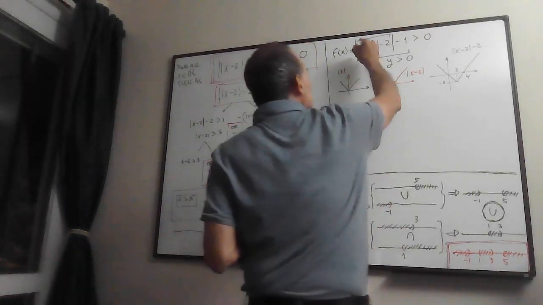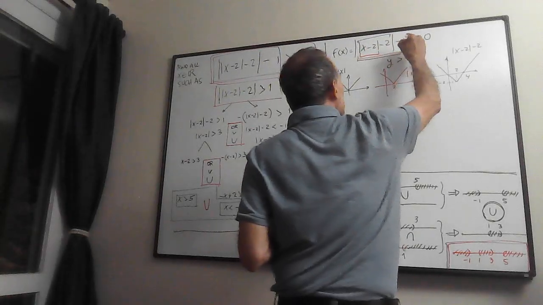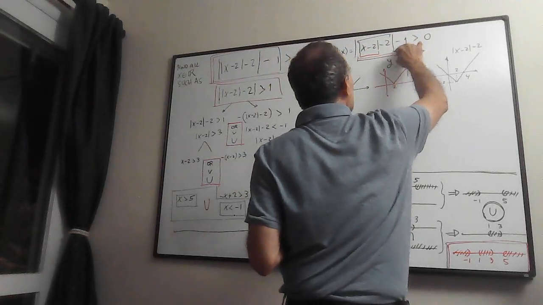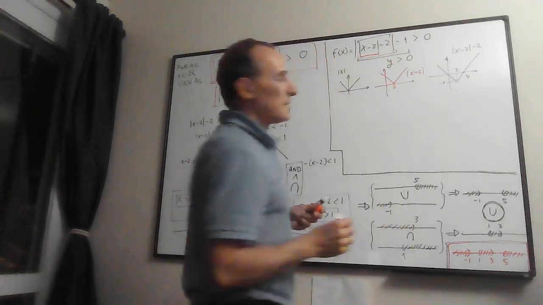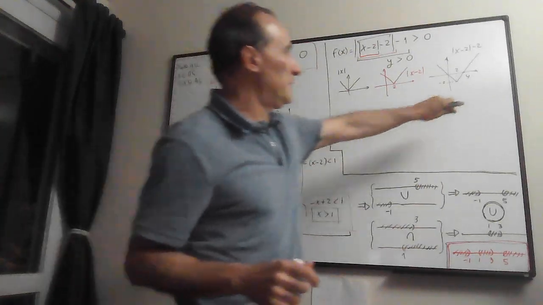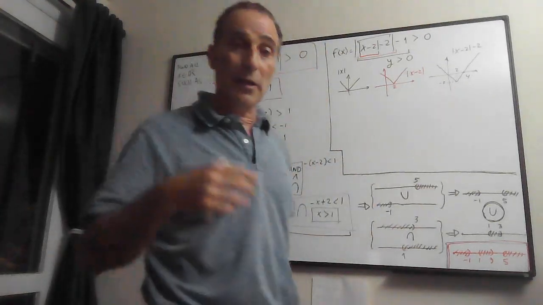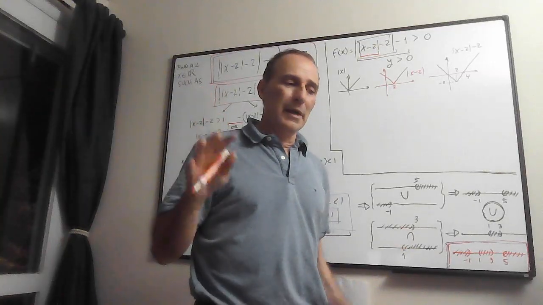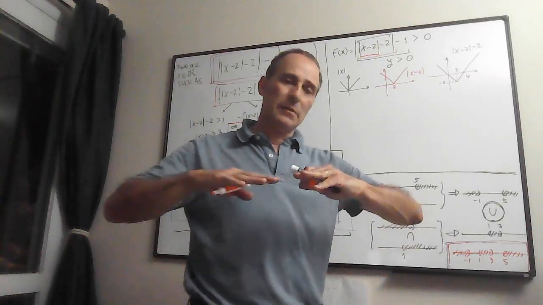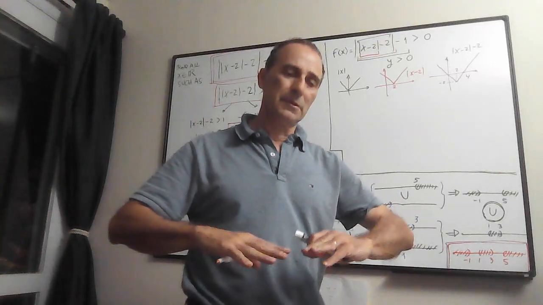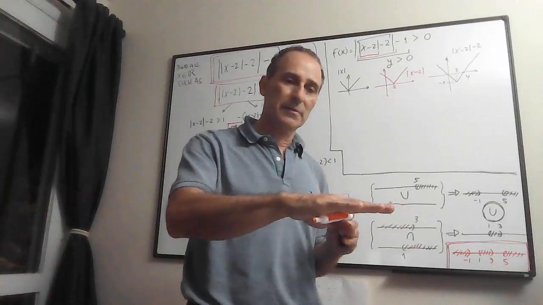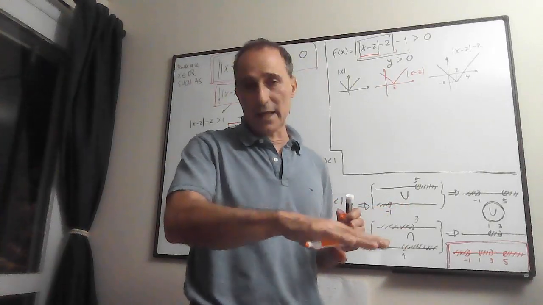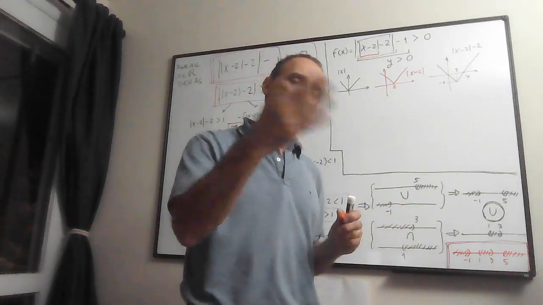The next step is to take the absolute value of this. That means that any part of the graph that is below the x-axis, that means that y is negative, now becomes positive.